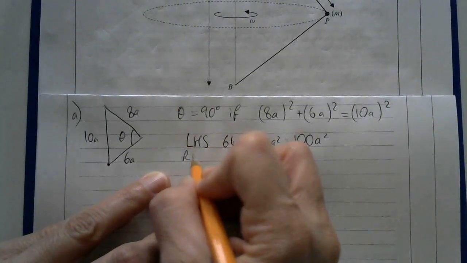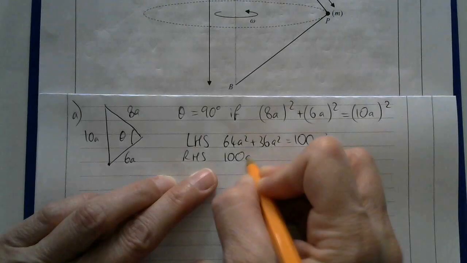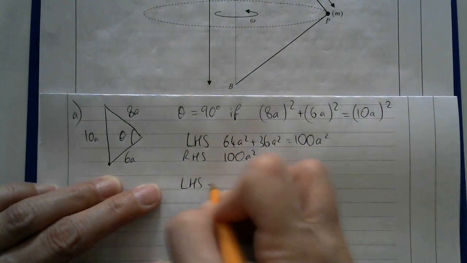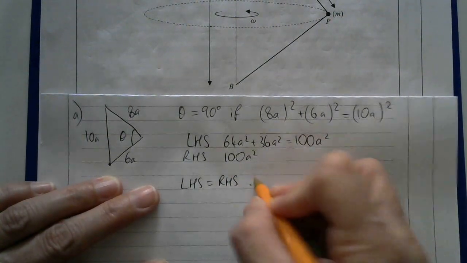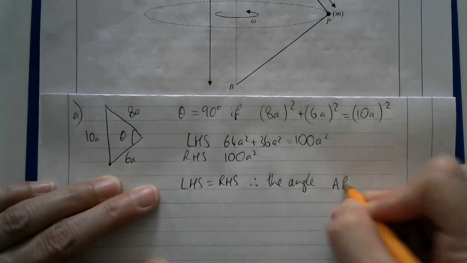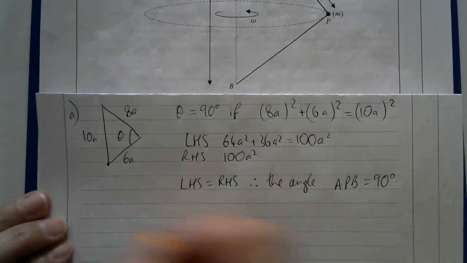If I look at the right hand side, then I get 100A squared, and so then I need to say left hand side equals right hand side, therefore the angle APB is 90 degrees. Okay, so that's the first part of the question.